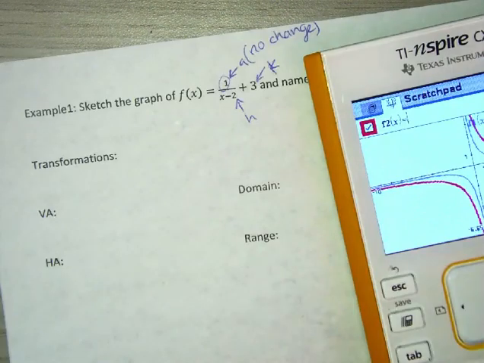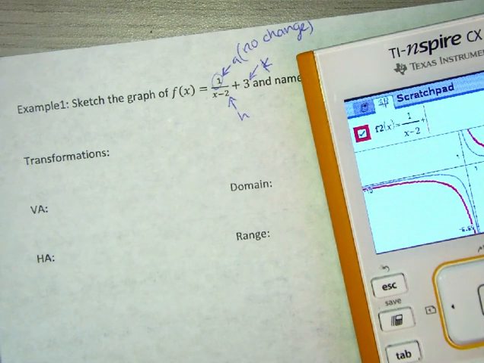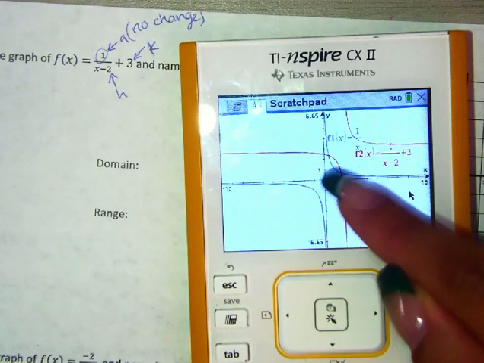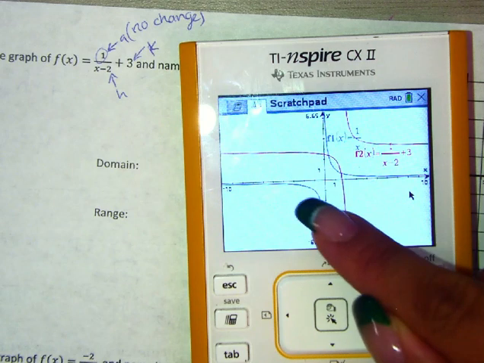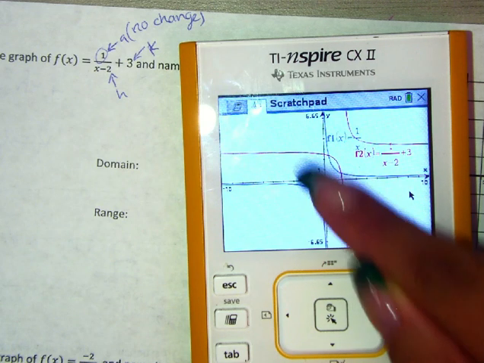A lot of students graph it first just to see what it looks like, so I'm going to graph it for you. The blue is the parent function and the red is the new one, so you can guide yourself based on the curve. This curve is now over here, so it definitely went up and to the right.